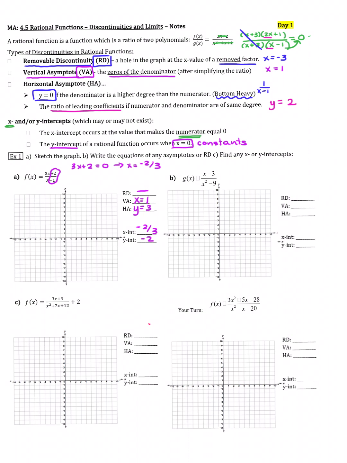So now we're ready to graph this. At x equals 1, we have an asymptote. At y equals 3, we have an asymptote. Then I put my intercepts on here, at -2 on the y and -2/3 on the x. Notice those both fall in one quadrant.